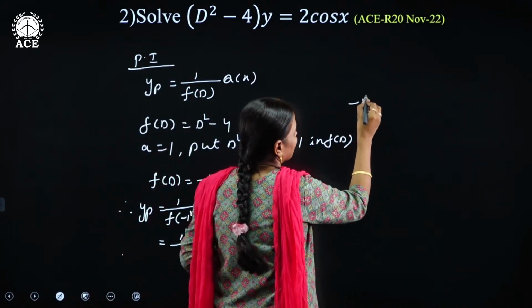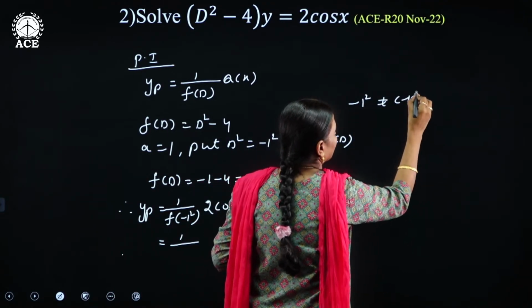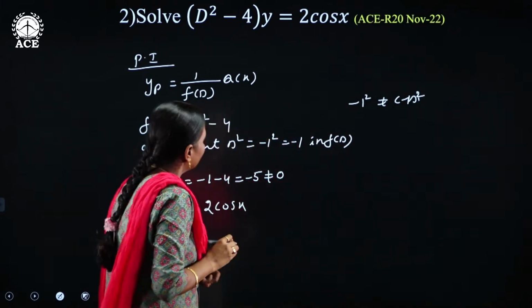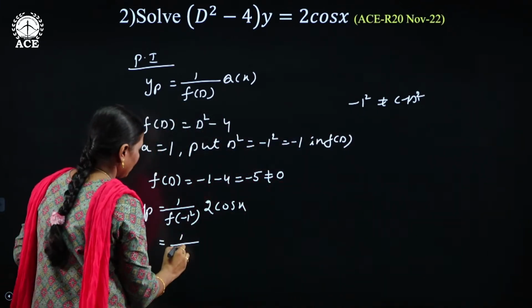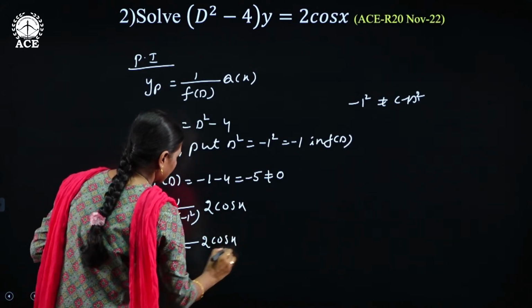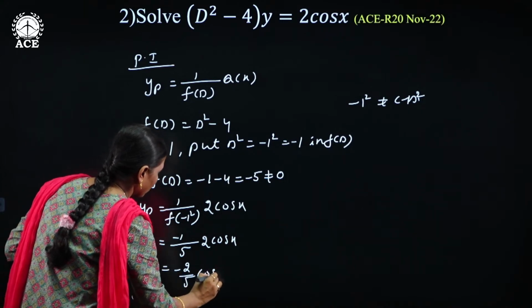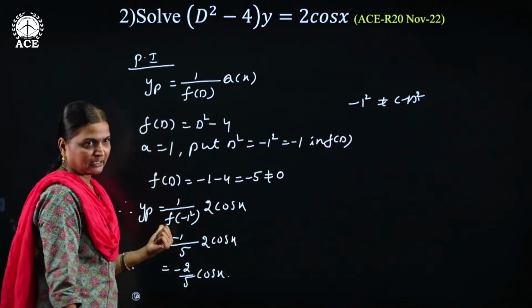So, minus 1 square is not equal to minus 1 whole square. So, that is equal to minus 1 by 5 into 2 cos x. So, what is the answer? Which is equal to minus 2 by 5 into cos x. This is the particular integral.